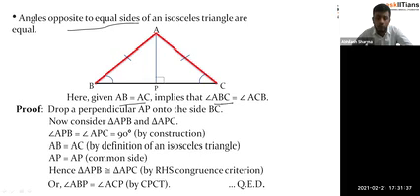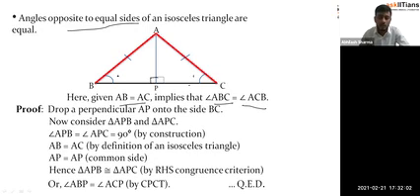We have to prove that angle ABC and angle ACB are equal. One way of doing that is to drop a perpendicular from A onto the side BC and call it AP. Now consider triangles APB and APC. Angles APB and APC are both 90 degrees by construction, so they are both right angles.